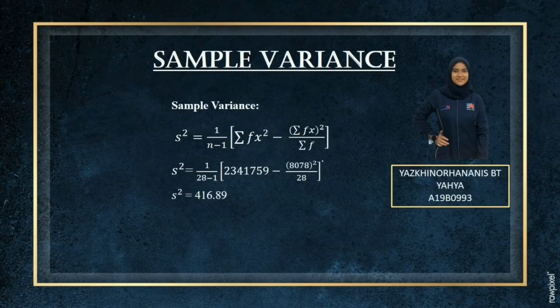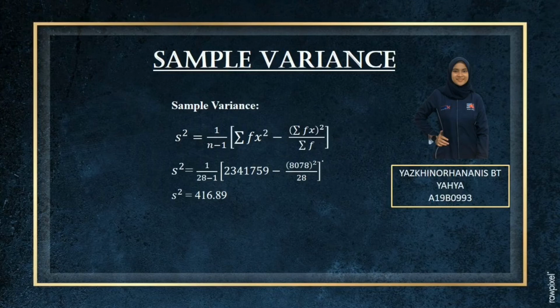How to find sample variance? S squared equals 1 divided by (n minus 1), times the bracket of total fx squared minus (total fx) squared divided by total f.